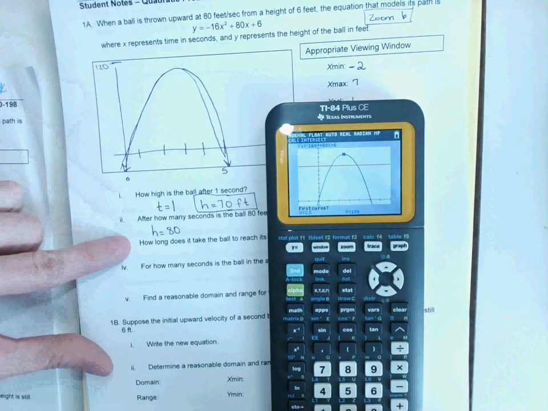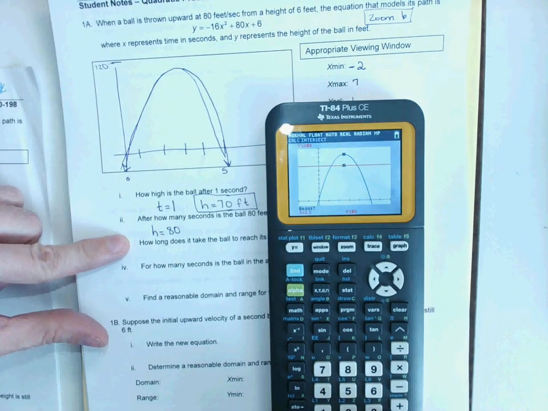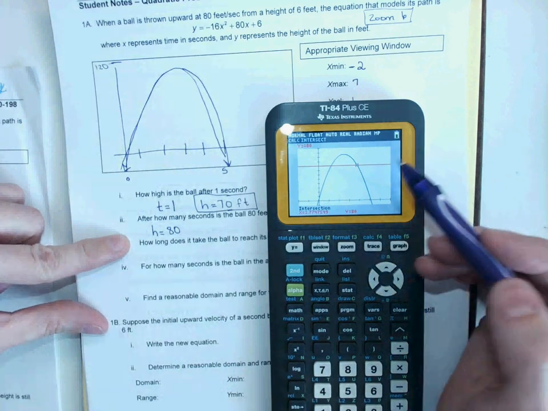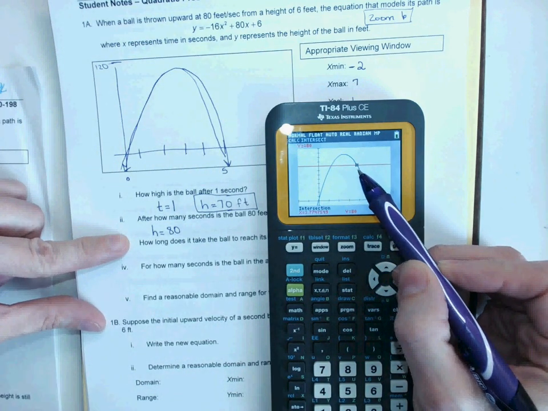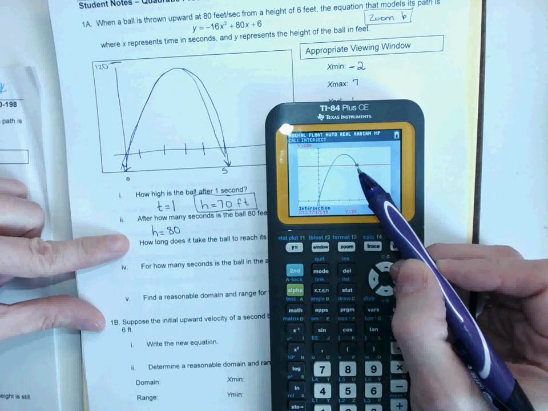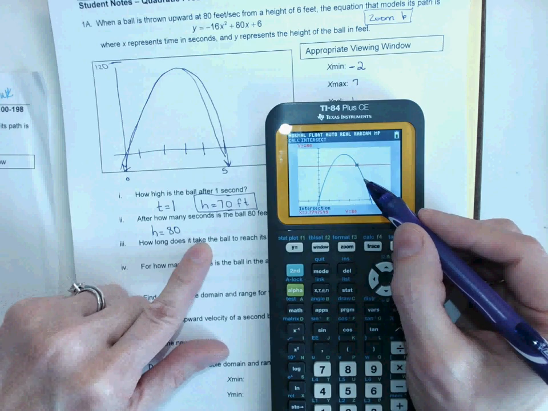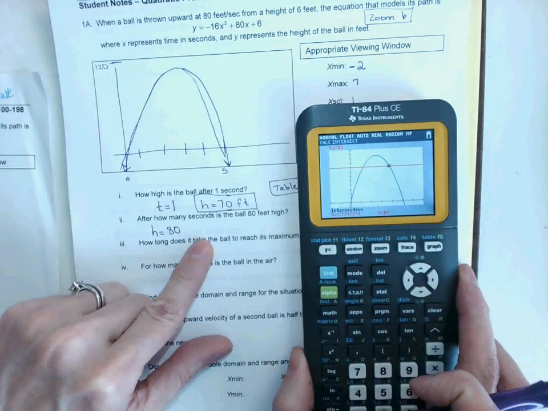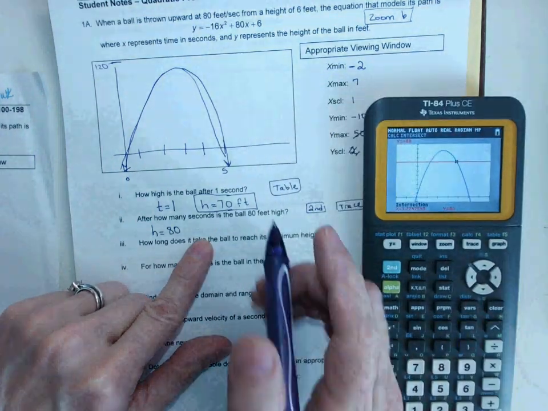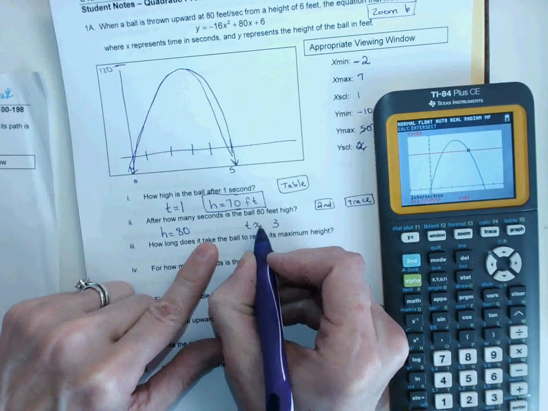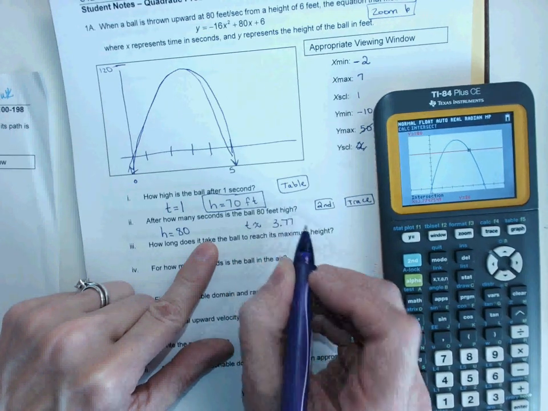If I just hit enter for first curve, enter for second curve, and enter for guess, it's going to pop to the closest intersection to the cursor. So I know one of them is going to be 3.77 seconds. So t is approximately 3.77 seconds.